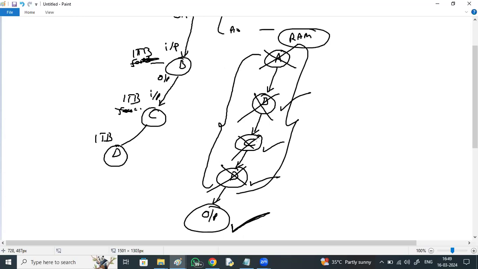It's a data flow language, where the output of one will be the input of the next. Once A's computation is finished, its output is taken as input by B. Once B's computation is finished, its output is given as input to C. A and C cannot execute in parallel, because until A and B computation is finished, C can't be executed. A and D also can't be executed in parallel. But there is one place where you can see parallel processing.